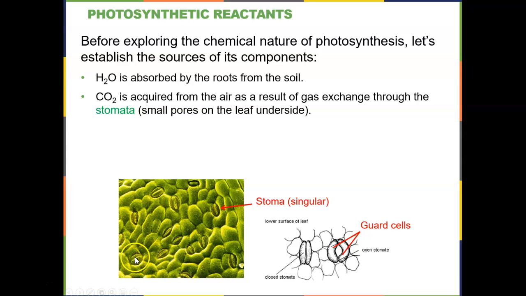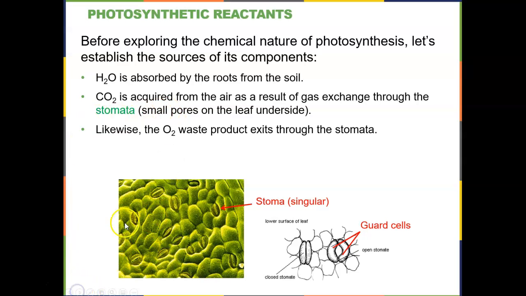A stoma is singular, stomata is plural, and the stoma is actually the hole or the pore, whereas the sides of it are made up of guard cells. Oxygen becomes a waste product that will exit through the stomata. And the last required element is sunlight.